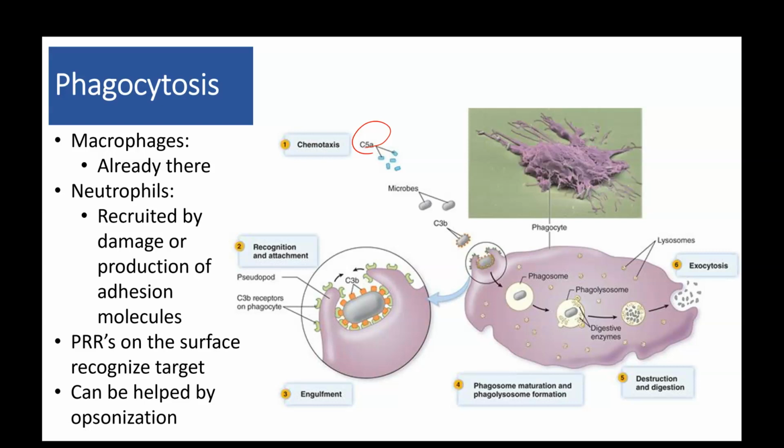Once they're there, they're going to recognize that C3b on the outside of the bacteria, and that C3b is basically neutralizing the capsule, right? Because all bacteria that are able to survive in the wild have a capsule, and C3b is our body's way of counteracting that capsule. It's going to cement itself into the side of that bacteria and act as an anchor for this macrophage, for example, to engulf and eventually digest that bacteria.